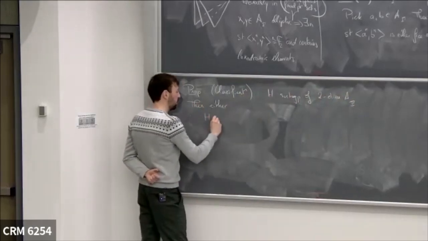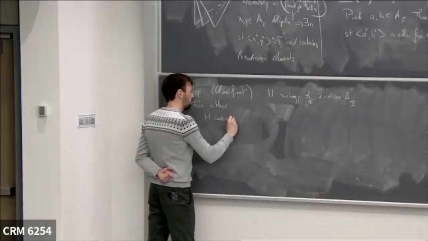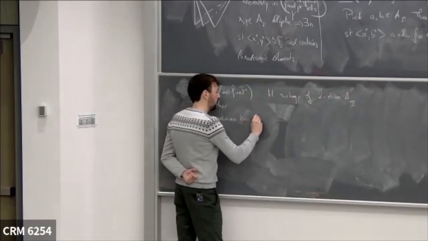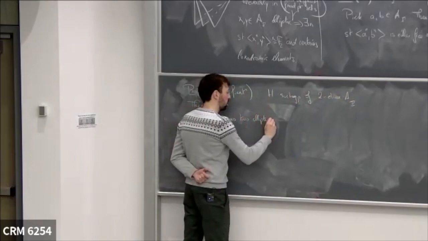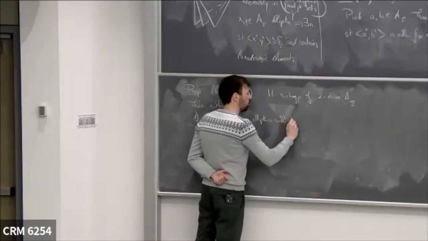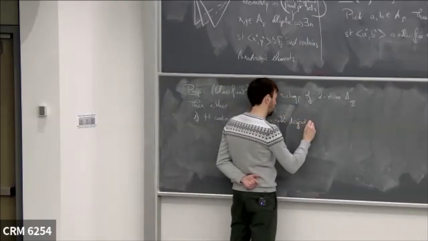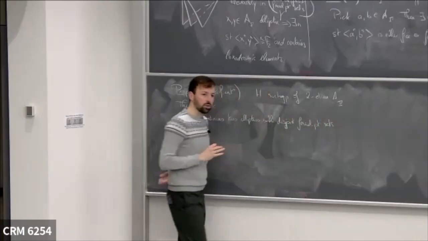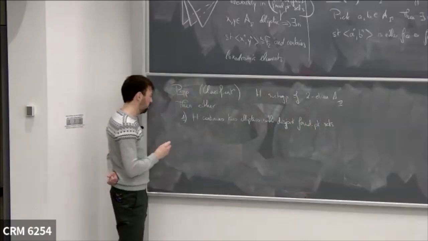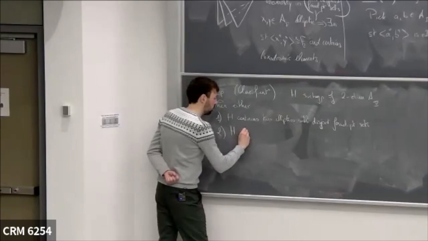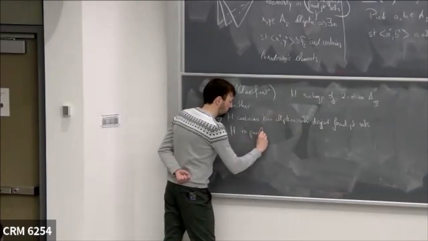Case one, H contains two elliptics with disjoint fixed point sets. So the case we were in the previous lecture, which already tells us that we're going to be able to construct some free subgroups. Case two, H is what's called purely loxodromic.